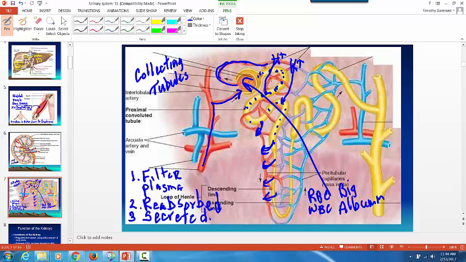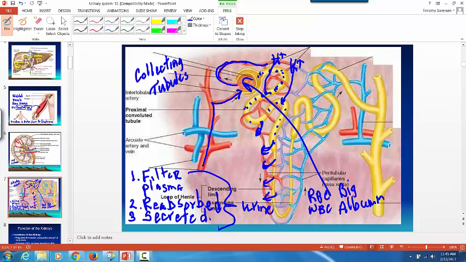So after you filter the plasma, whatever's filtered into the yellow brick road has to be reabsorbed. And then finally, some things can't be filtered, so they have to be secreted. So you filter it, what you want back, you reabsorb, and what you don't want, you secrete. Whatever's left over is your urine.